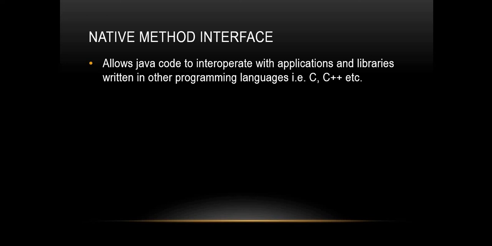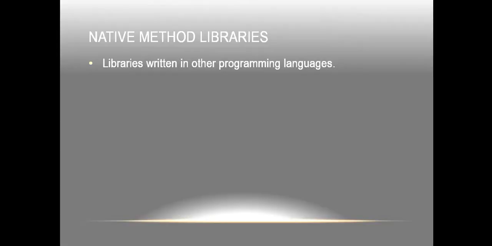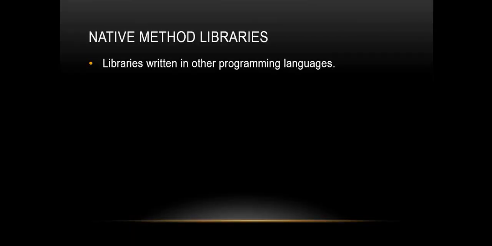Okay, so using this you can invoke that, and whatever these libraries I just talked about, which are written in other programming languages and need to be used by your Java application, they are in these native method libraries.